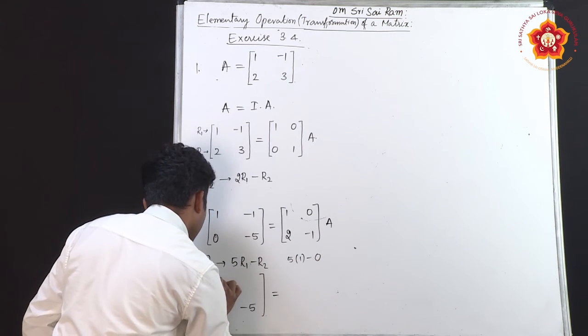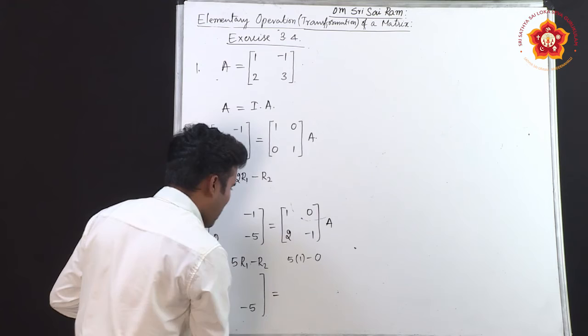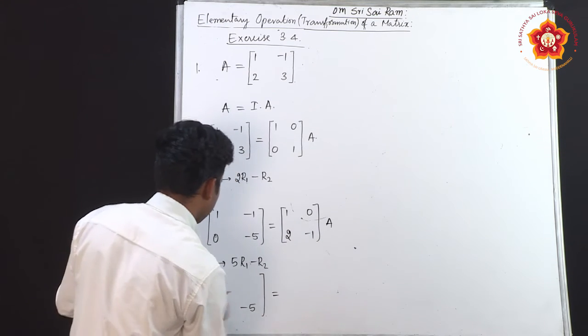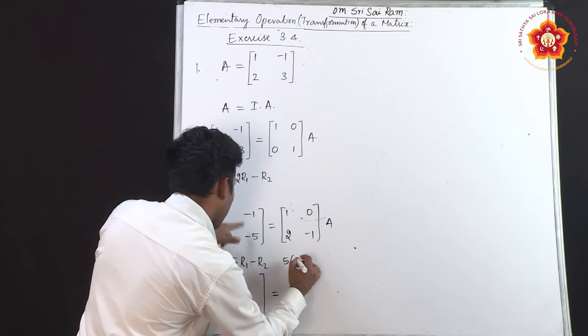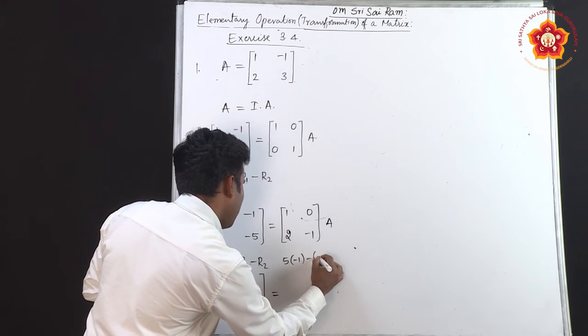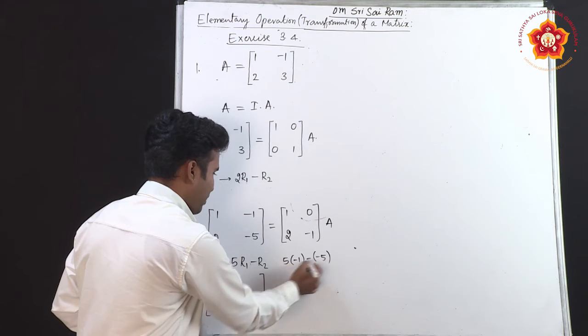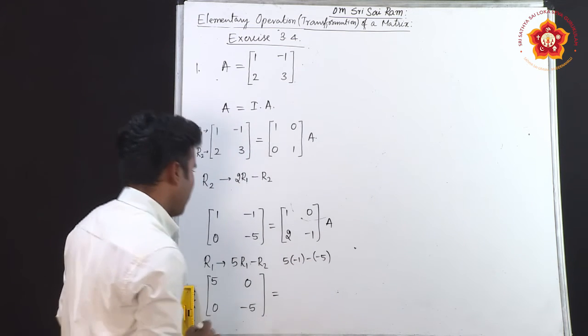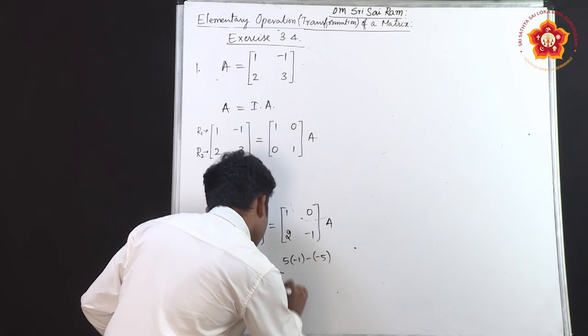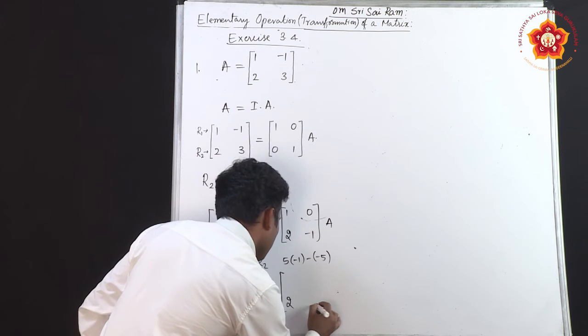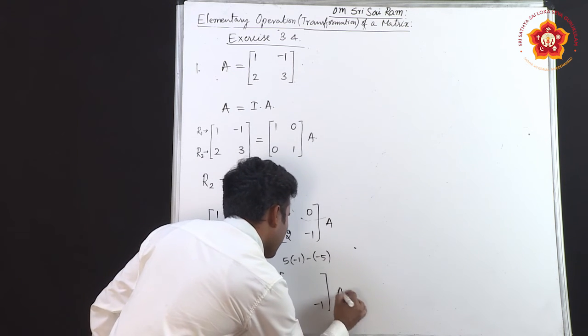So, 5 minus 0 is 5. Similarly, next is 5 times R1, what is R1 here? -1, and R2 is -5 here. So, -5 plus 5 will be 0, and here R2 is the same, 2 -1 into A.